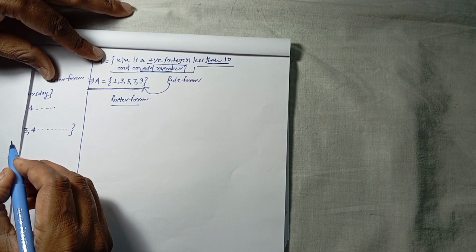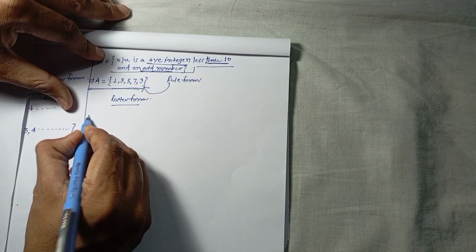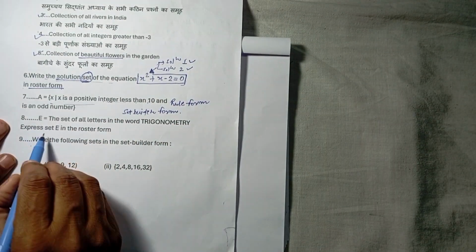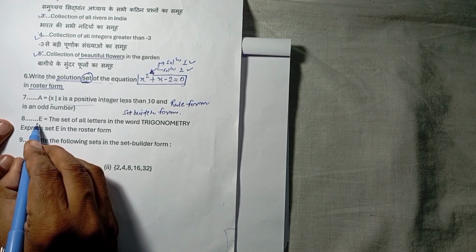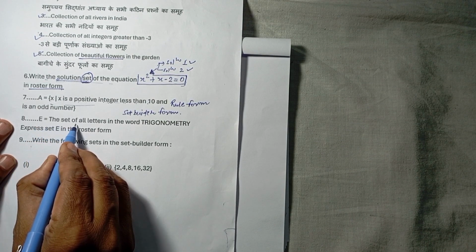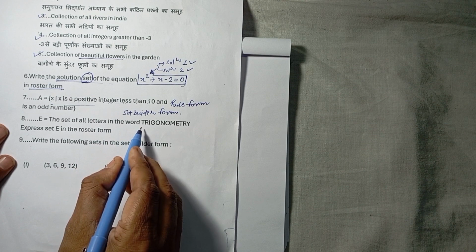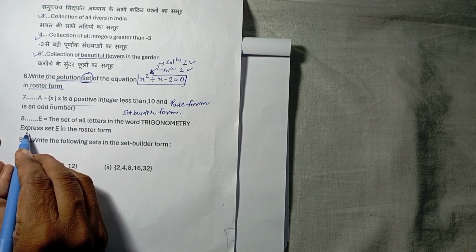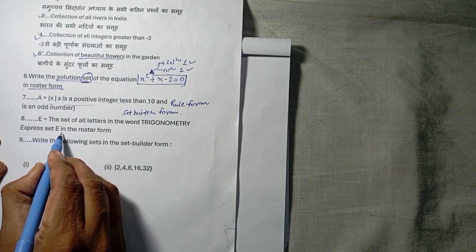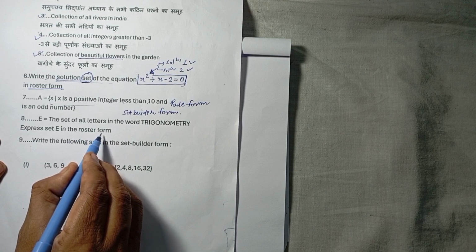Okay, now we come on example number 8. In example number 8, it is given that set E is equal to set of all letters in the word trigonometry. Express set E in the roster form.